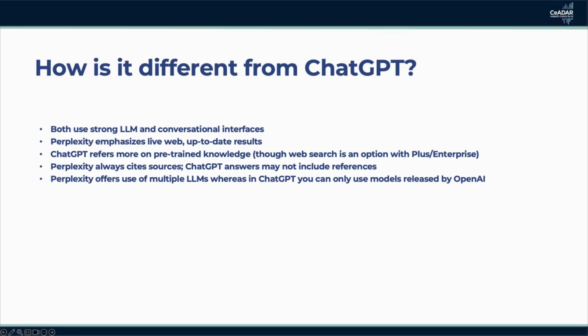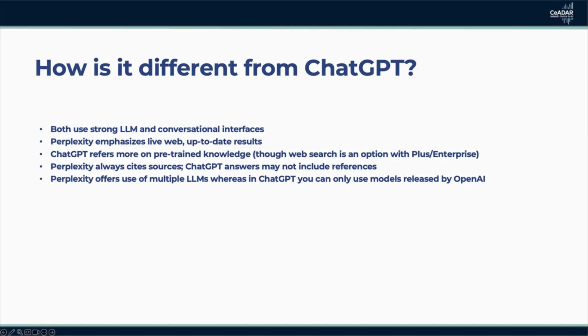And finally, here's something that's really interesting, which is Perplexity offers access to multiple large language models from different providers. So as a user, we are not locked into one ecosystem, and we can actually reap the benefits of many LLMs. ChatGPT, by its design, only uses models by OpenAI, because ChatGPT is a tool that was created by OpenAI, its parent company.